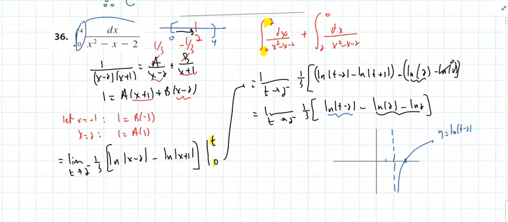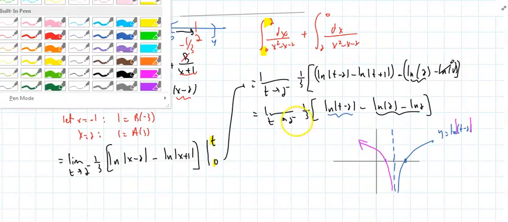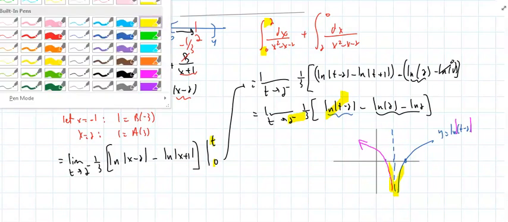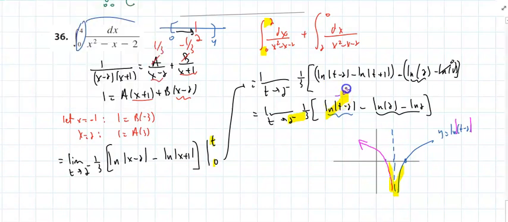And we mentioned when you put an absolute value around the argument, it reflects the graph. So whether I'm approaching this from the right or the left, guess what you're going to approach either way. This is going to approach negative infinity. So I end up with negative infinity, and therefore this will diverge.